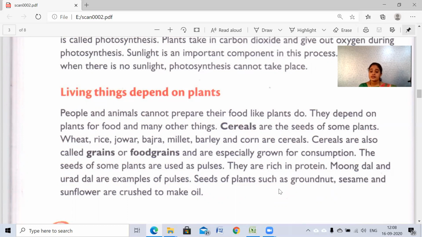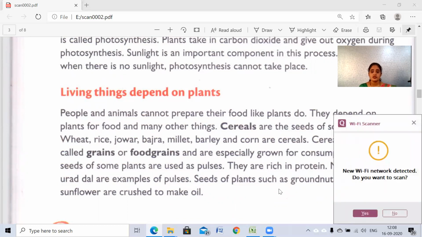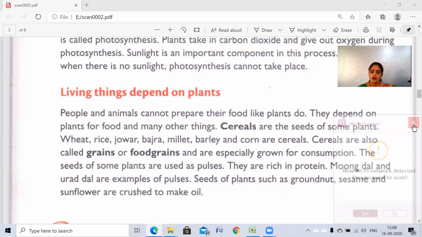Look here. Cereals are the seeds of some plants. Which are the cereals? You know that rice, jowar, bajra, millet, and corn are cereals. Cereals are also called grains, or we call them food grains.